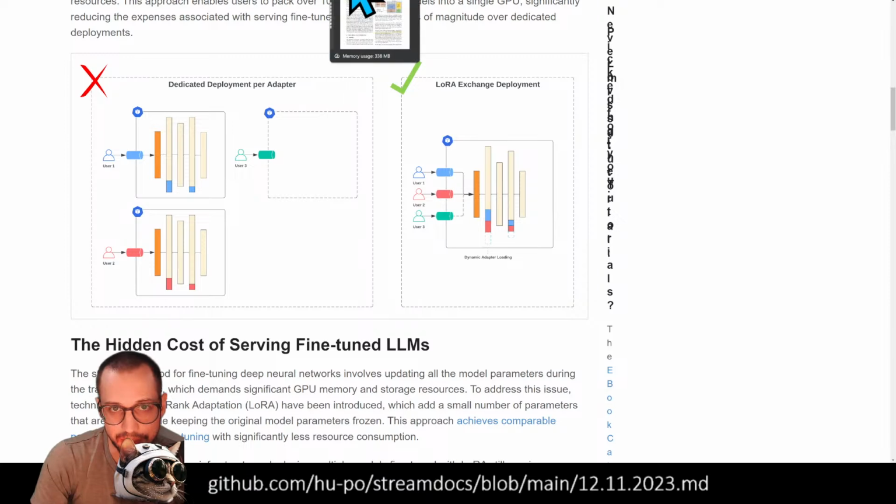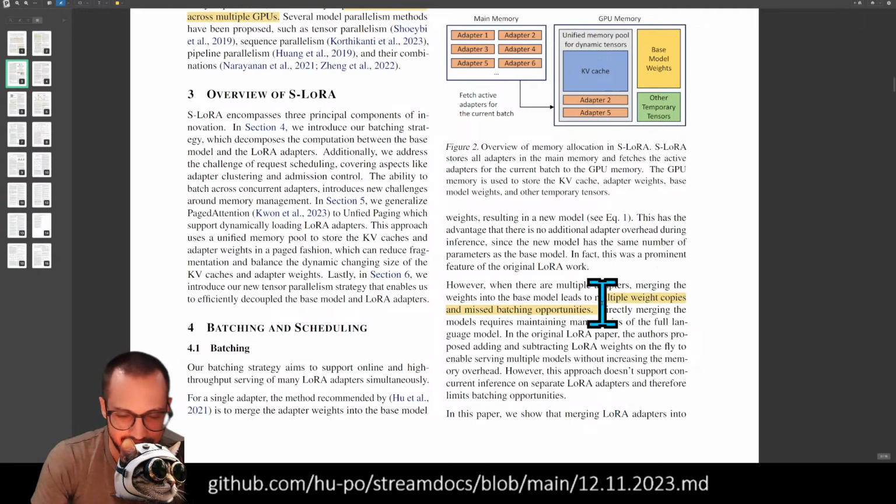So you're going to have a bunch of computers with the same exact model weights, with just a slightly different weight on the part where you merged in the LoRA.